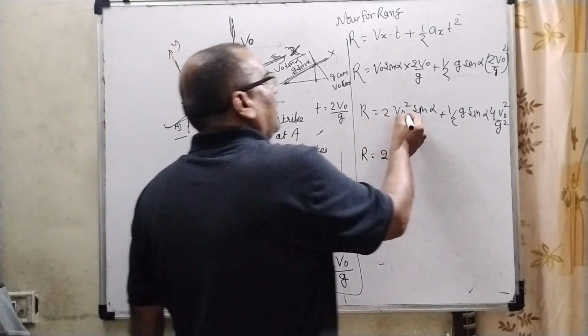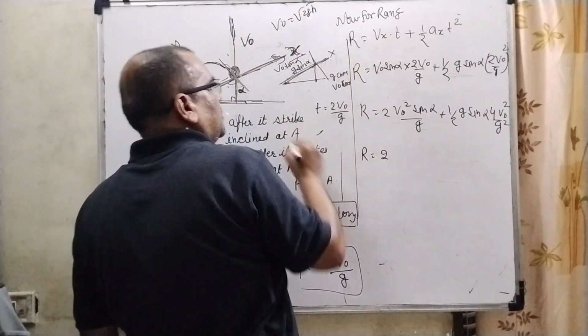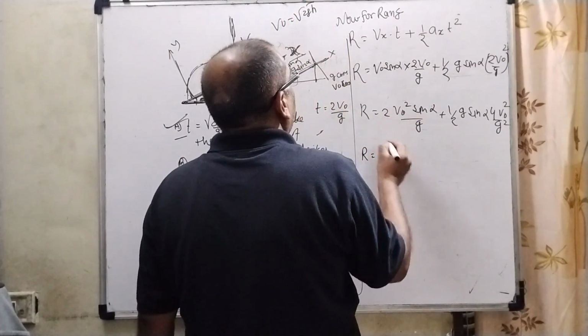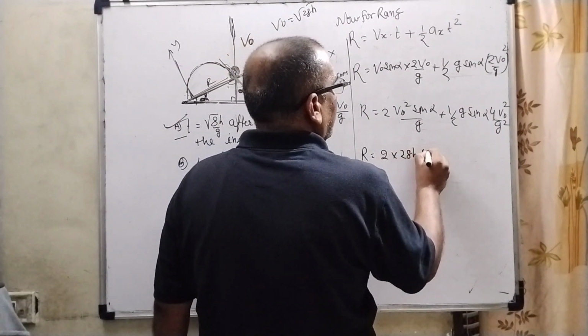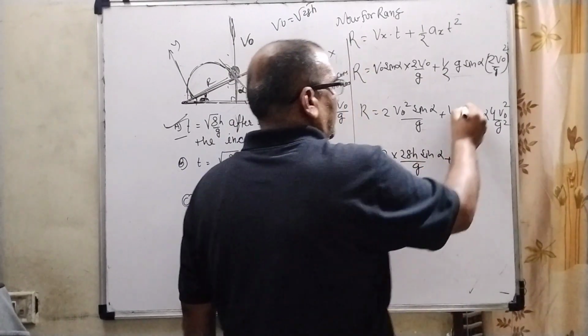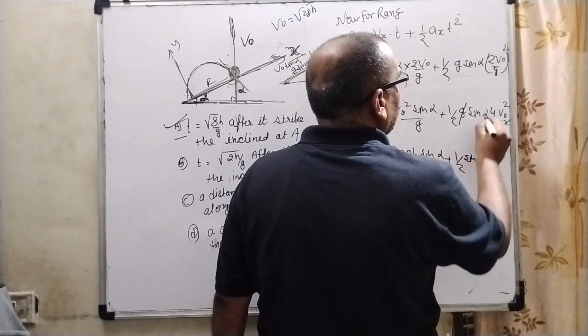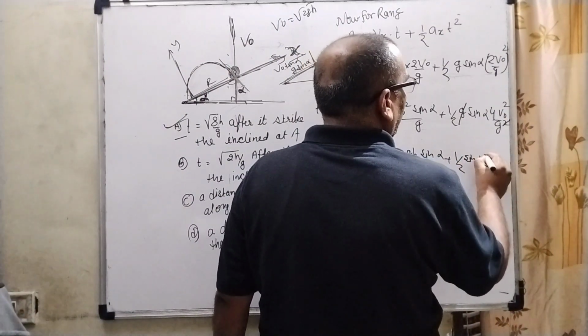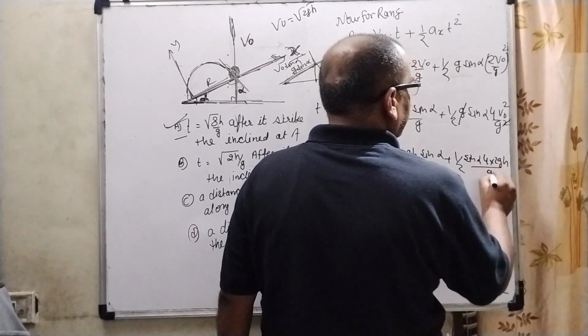We know already v naught equal to root 2gh. So here square and root cancel out, 2gh sine alpha upon g, plus 1 by 2. Here one g cancels out, sine alpha and 4 times 2gh upon g.